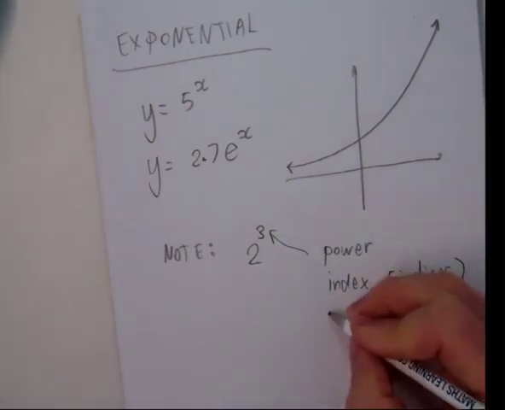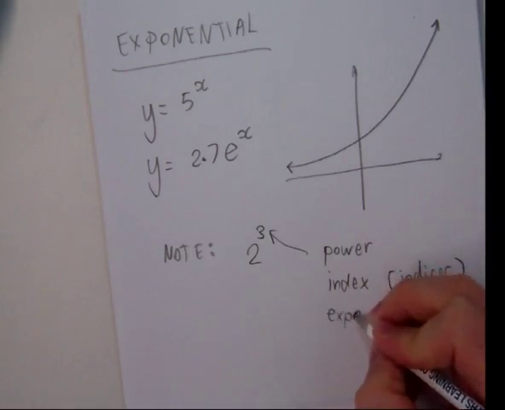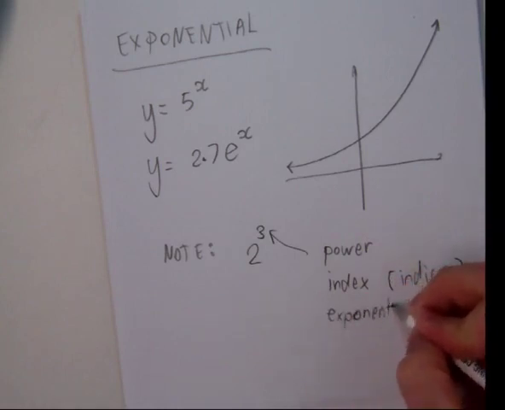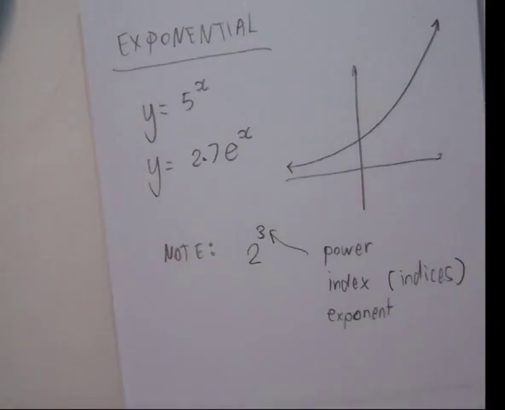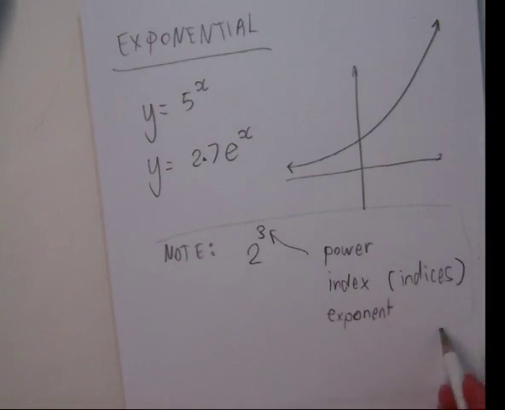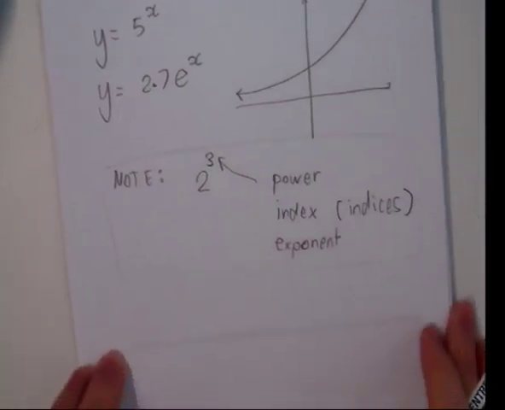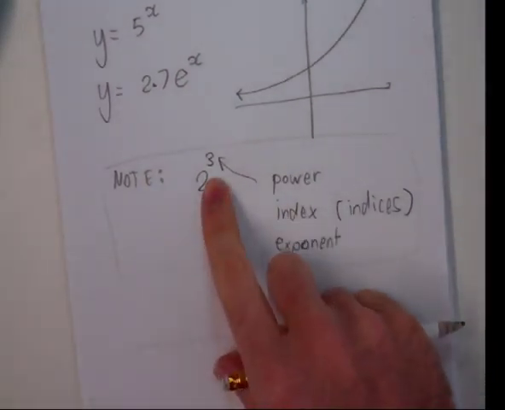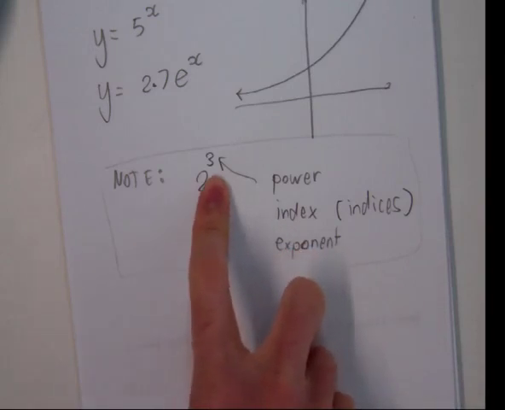Or sometimes it's called the exponent, which is where the word exponential comes from. Depending on who your teachers are or where you're looking on the internet for resources, you might hear it called by any of those names. And some people read this aloud as 2 to the power of 3, or they'll just say 2 to the 3.